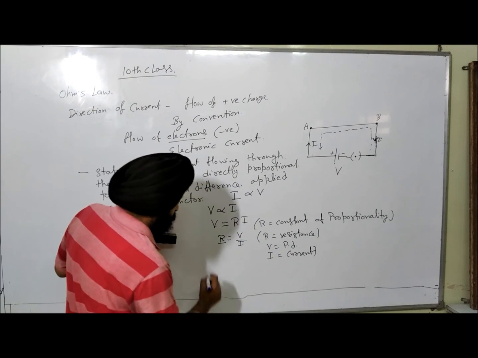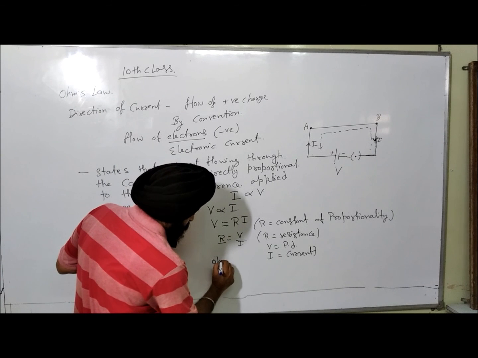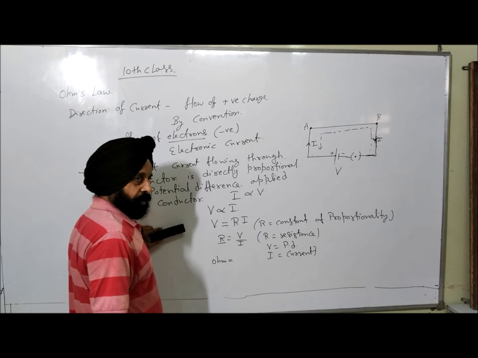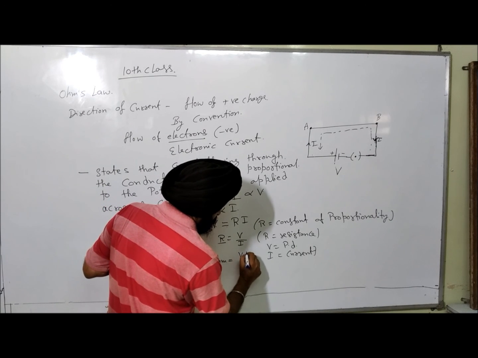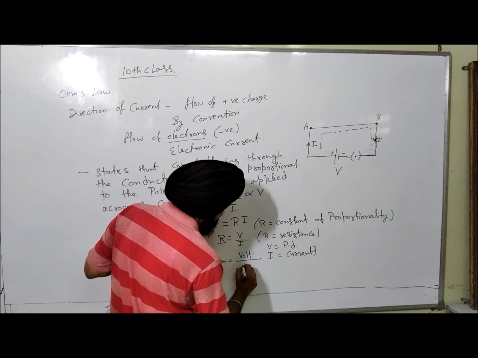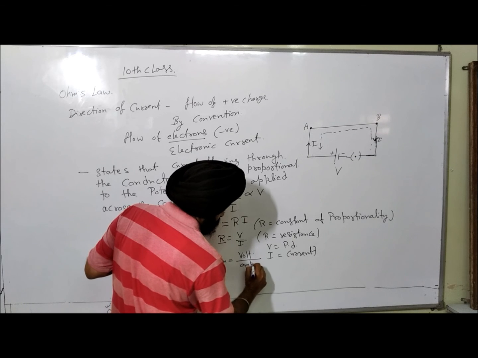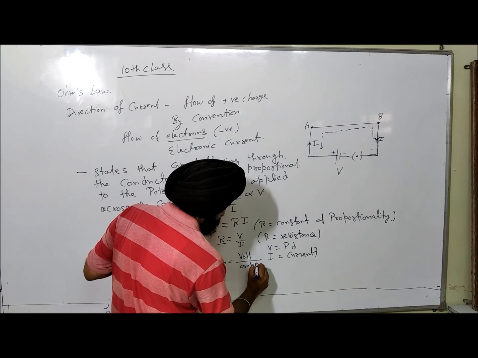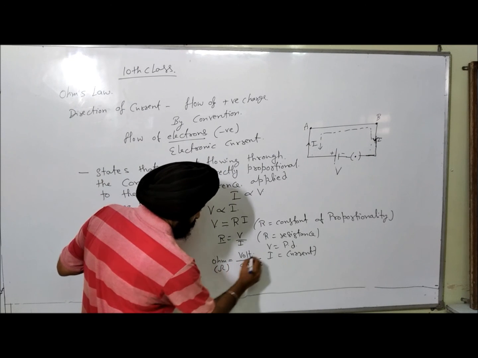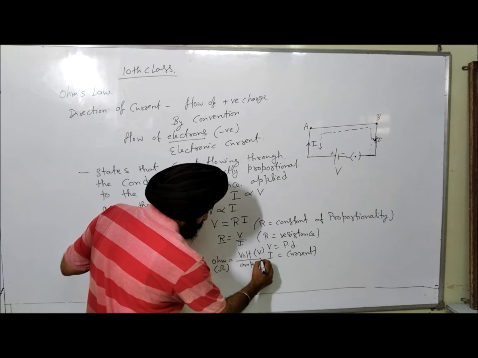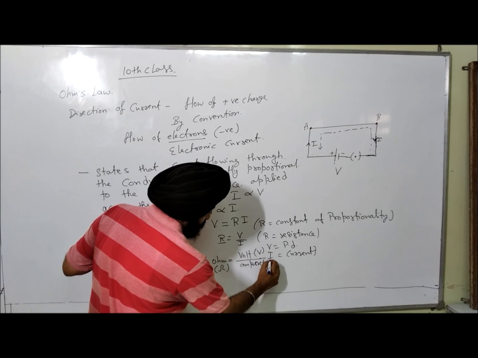Resistance is measured in ohms, named after the scientist Ohm. Voltage is measured in volts and current in amperes. These are all scientist names. The symbol for ohm is Ω, V is volt, and current is ampere.